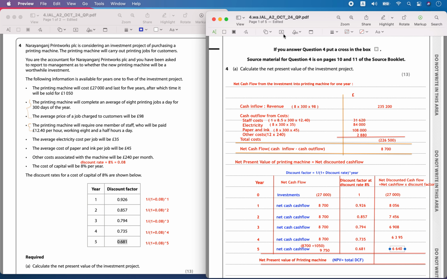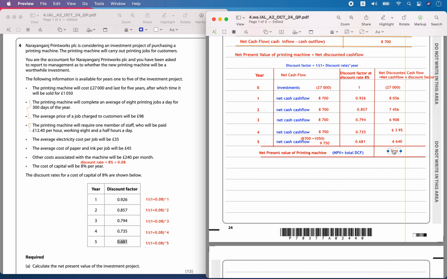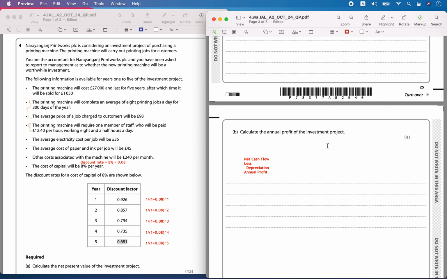So that is equal to 8455. So that will be the net present value, 8455.